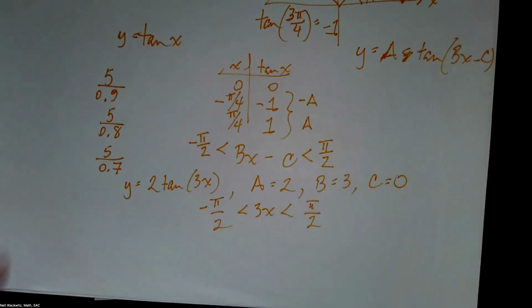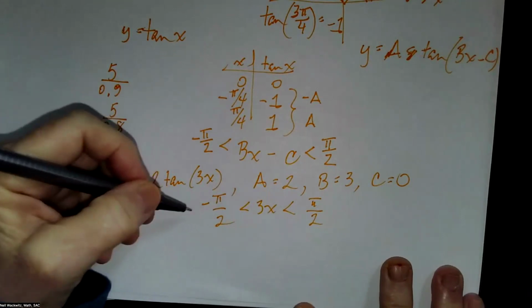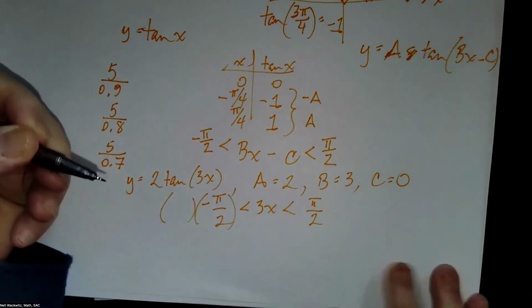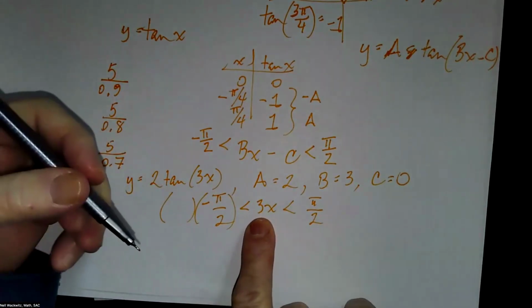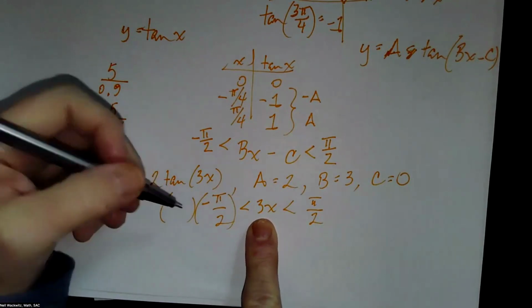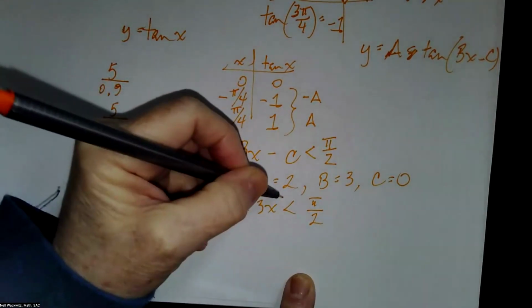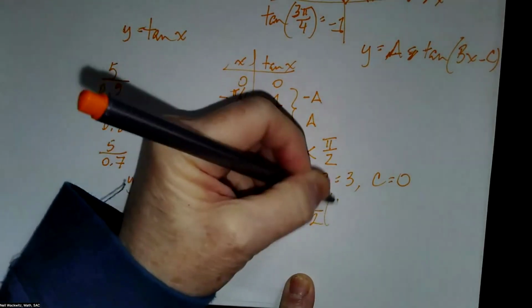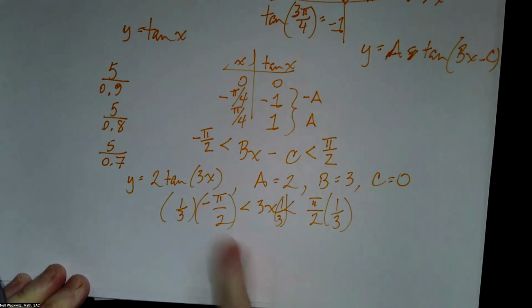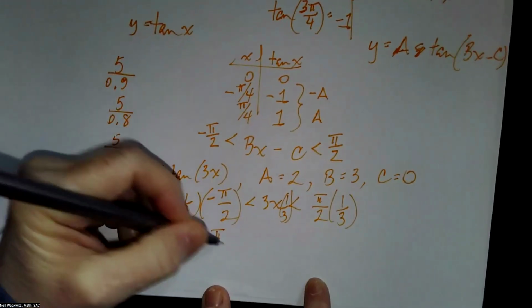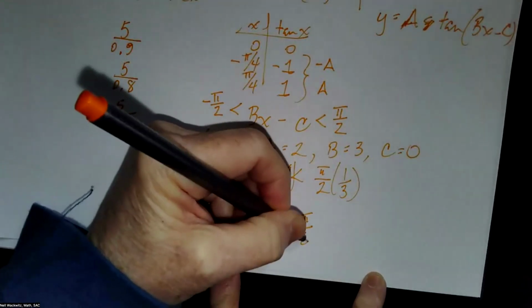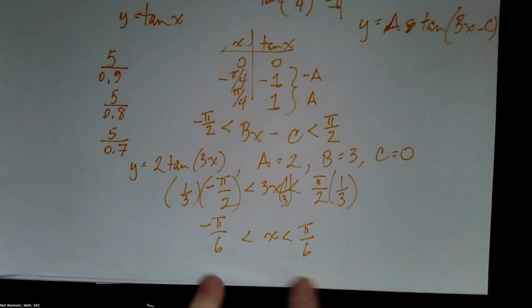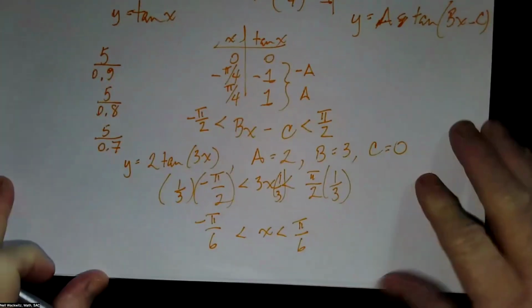And we have this. So I want us to get really comfortable multiplying instead of thinking of it as division. So we want to get rid of the 3 next to the x. We're going to multiply by 1/3. And that gives us negative pi over 6 is less than x is less than pi over 6. So these are two adjacent vertical asymptotes.